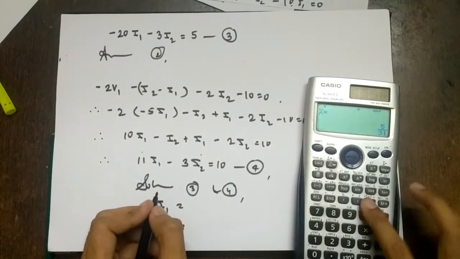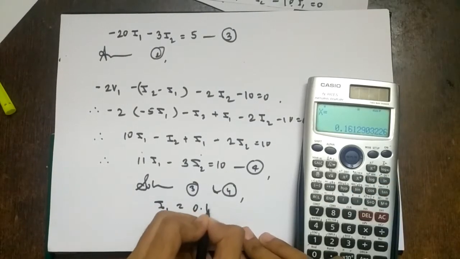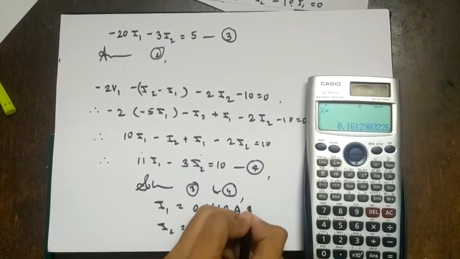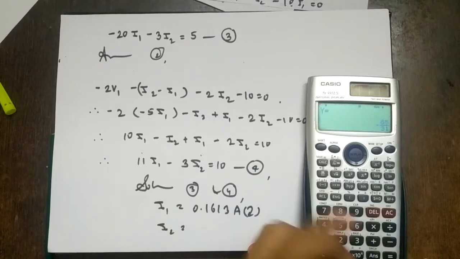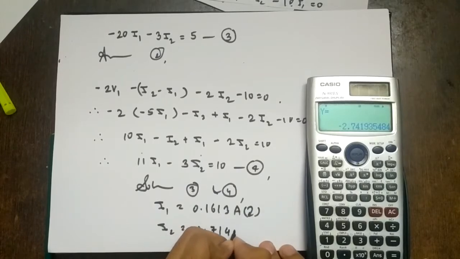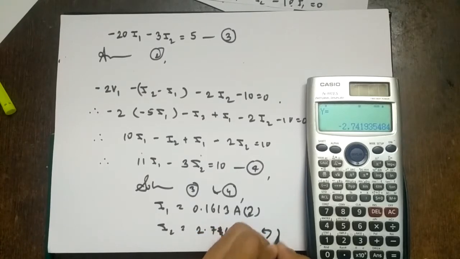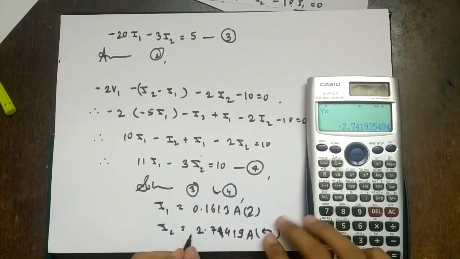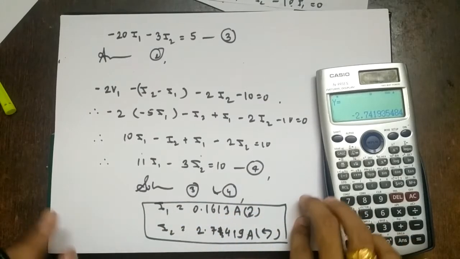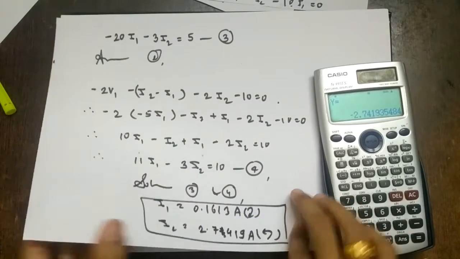So we get I1 as 0.1613 ampere. It is positive, so it will be in clockwise direction. I2 is minus 2.71, so I will directly write 2.7419 ampere anti-clockwise direction, because it is negative. Remember, I have written the positive value, right? So this is the way you have to solve sums on dependent sources.